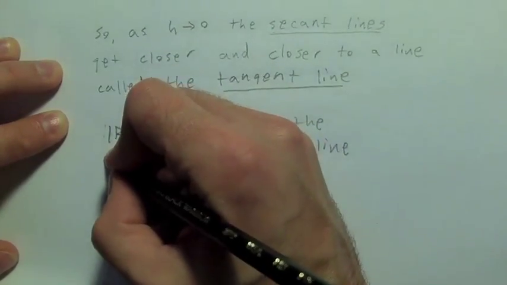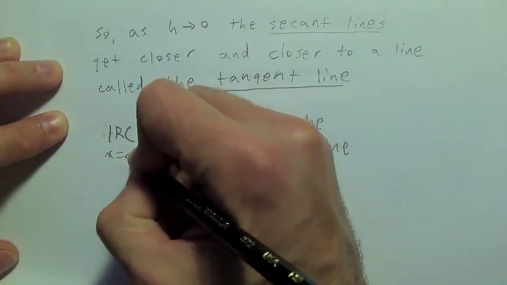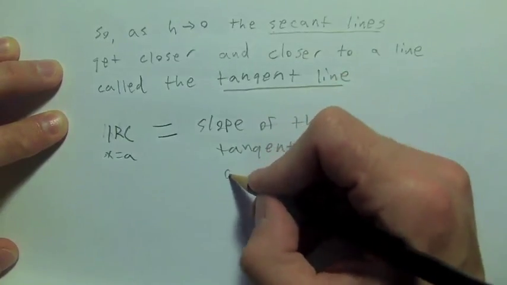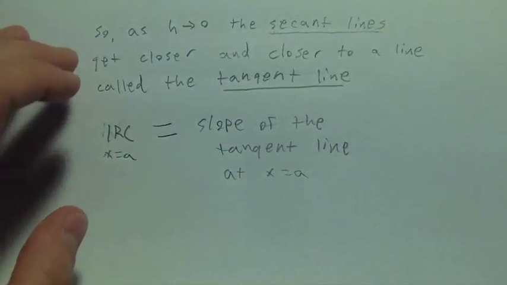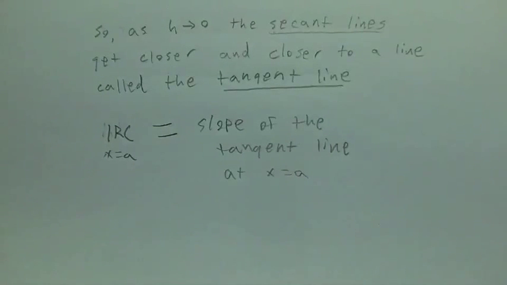Okay, so if this is at x equals a, this will be the slope of the tangent line at x equals a. So a lot of students tend to worry about drawing tangent lines. There are problems that ask you to draw tangent lines. We will look at also calculating how to find the equations of tangent lines.